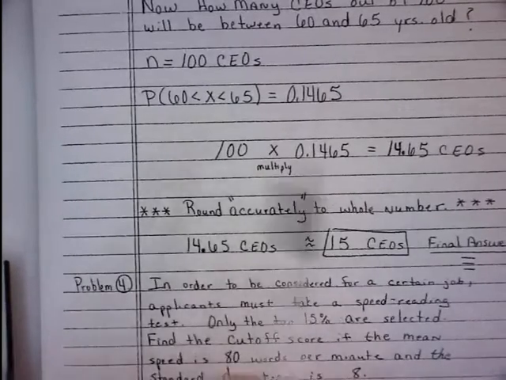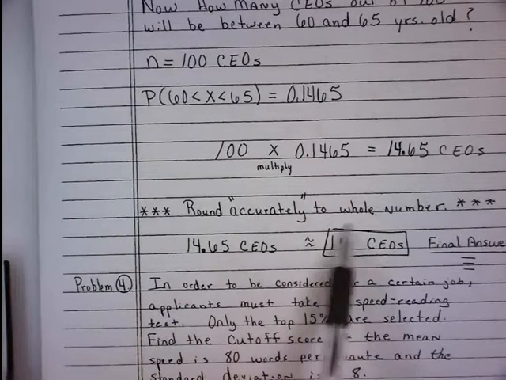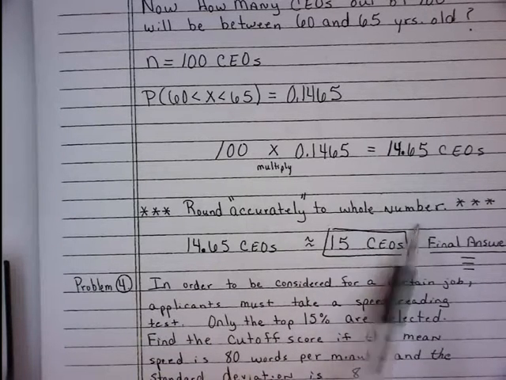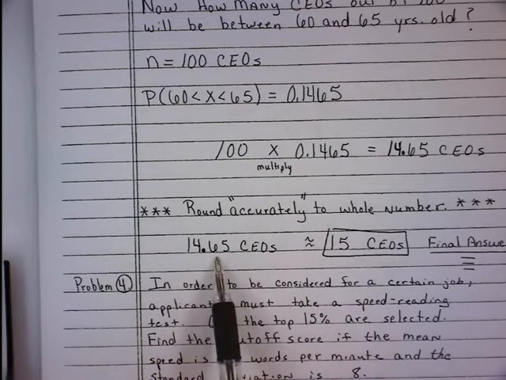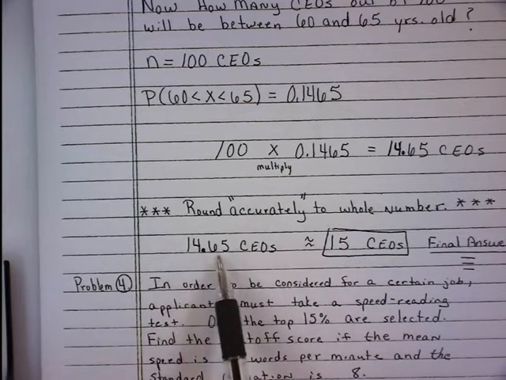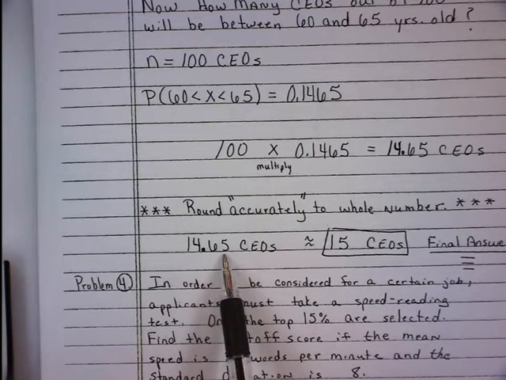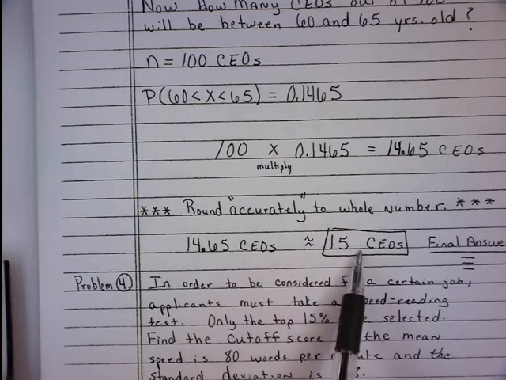With the question of how many, round accurately to a whole number. And the way I kind of put it is, always round up to a whole number, regardless of decimal.